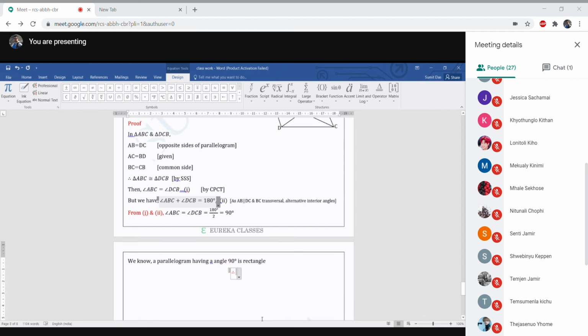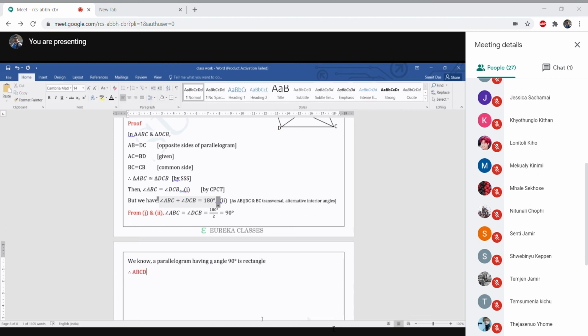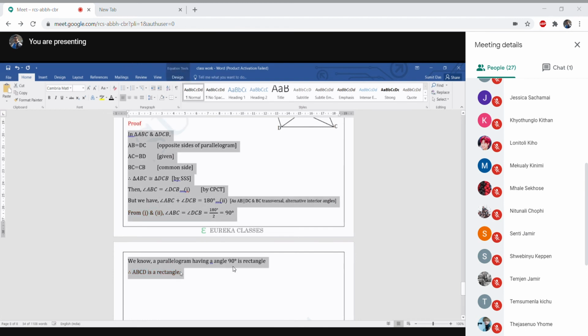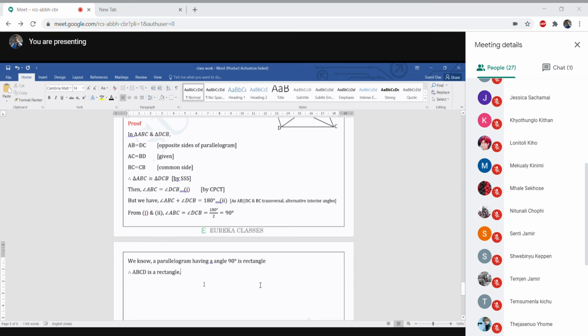Therefore ABCD is a rectangle. In the exam, if you don't want to write this one, since we know this, after this you can write ABCD is a rectangle. I'm writing like this because this kind of question will hold 3 marks. Hence proved.